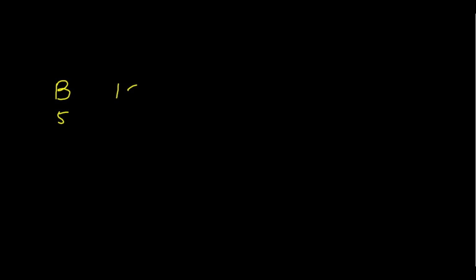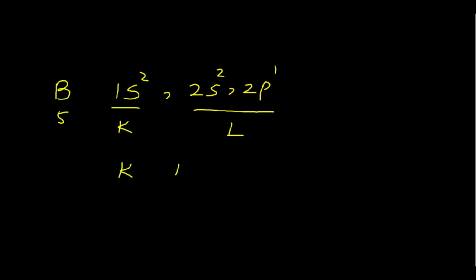It is 1s2, 2s2, 2p1. 1s is K, 2s and 2p belong to L. Now we write the N value for K shell and L shell. For K shell, N is equal to 1. For L shell, N is equal to 2. Which is the valence shell here?